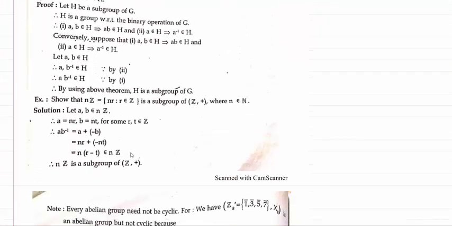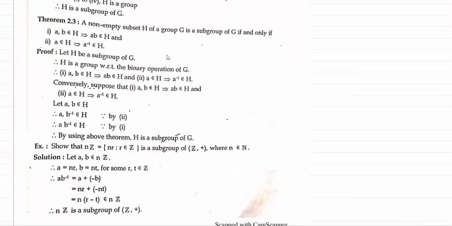Now the next theorem we are going to see: a non-empty subset H of a group G is said to be a subgroup of G if and only if it satisfies the following two conditions. What is the first condition?